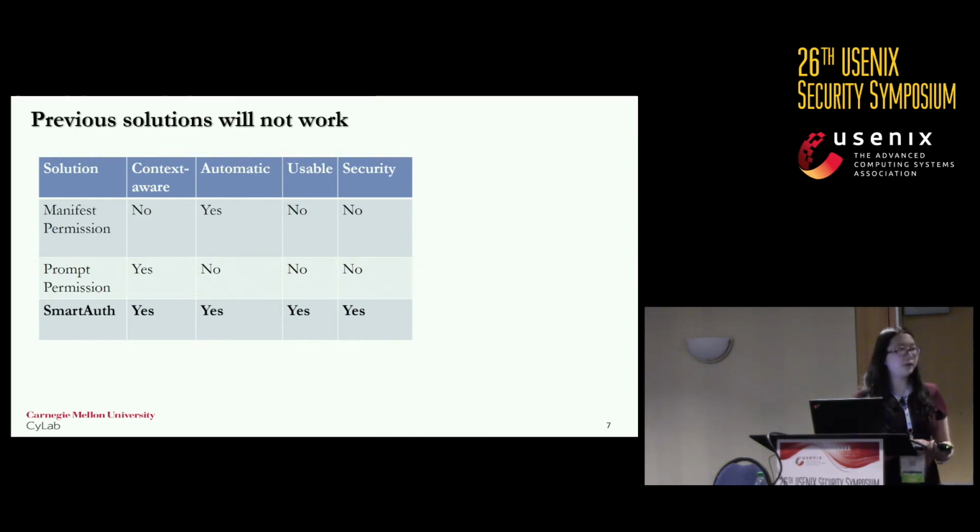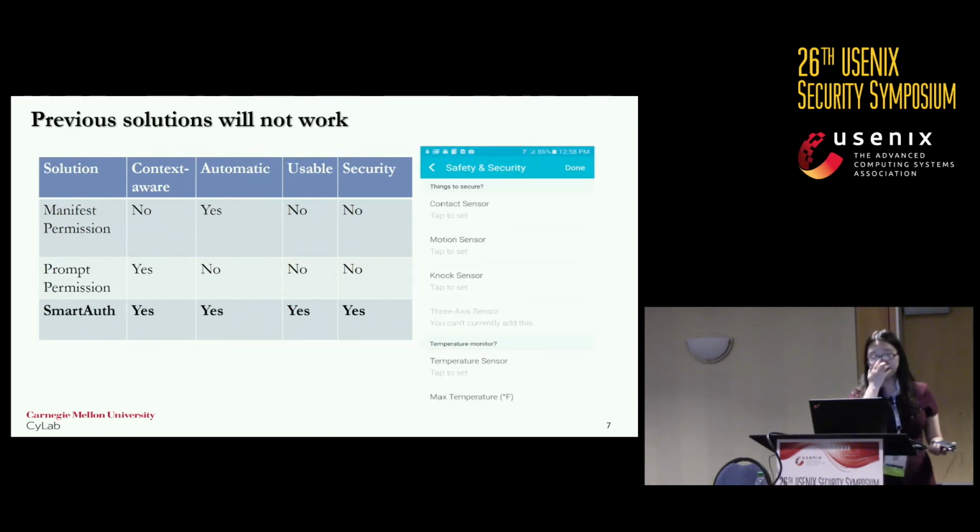Previously, people usually used manifest permissions or pop-up permissions. These are the two major permissions, but they are not good for smart home or IoT scenarios. For example, the manifest permission is just a list of devices or sensor information the app wants to get access to.